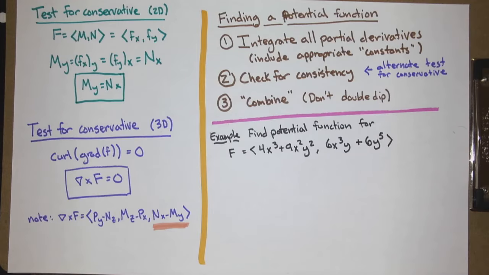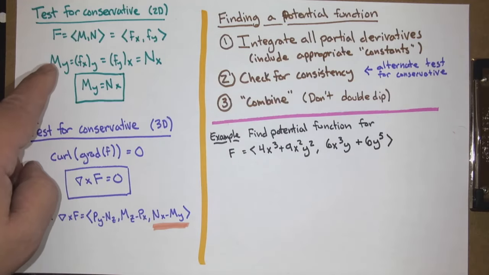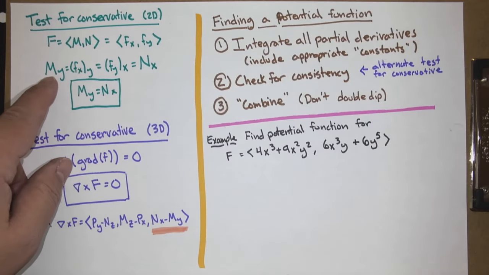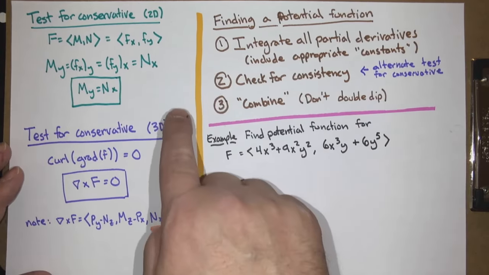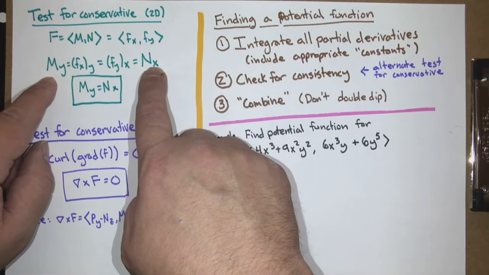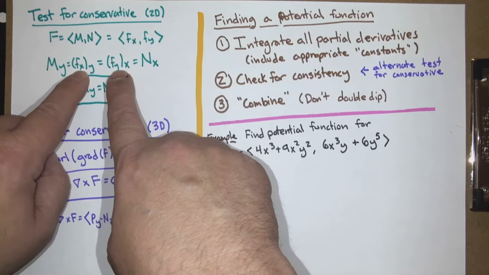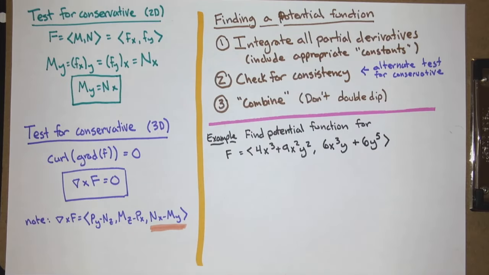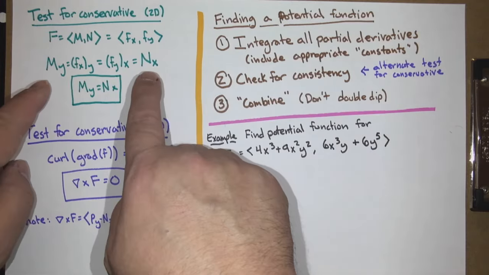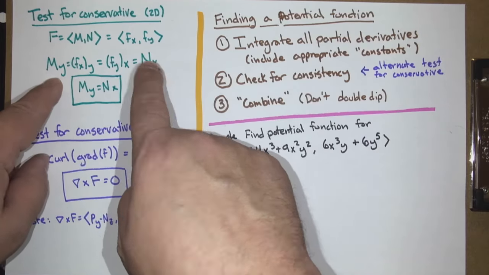Now, notice if you take the derivative of the first piece with respect to y, and you compare it to the derivative of the second piece with respect to x, you get the mixed partials, f_xy or f_yx. Those should be equal. So, if you're conservative, these partial derivatives have to match.